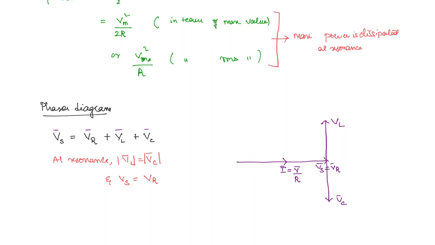So these are the basic parameters that we have seen here, but there are some additional parameters that we will be using in resonance. The first parameter is the half power frequency. So what is this half power frequency? We have seen that the maximum power will be dissipated at resonance condition.